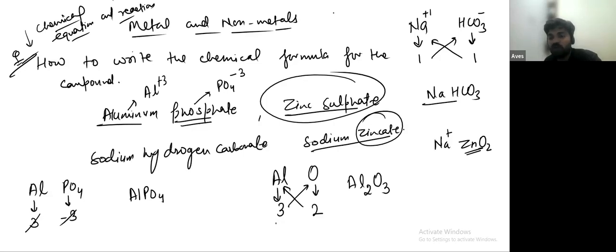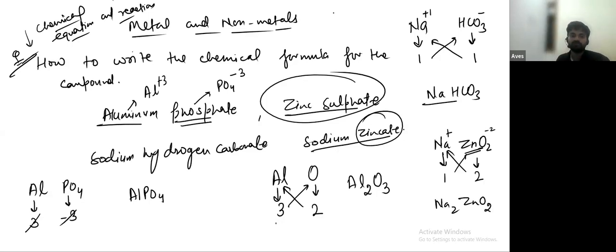So Na is +1, and ZnO2 is -2. When you multiply these two terms, you will get Na2ZnO2. Dear students, understood my point, everyone? Zeba, Riyad, Amar, Jasleen, everyone understood how to write the formula of the compound?